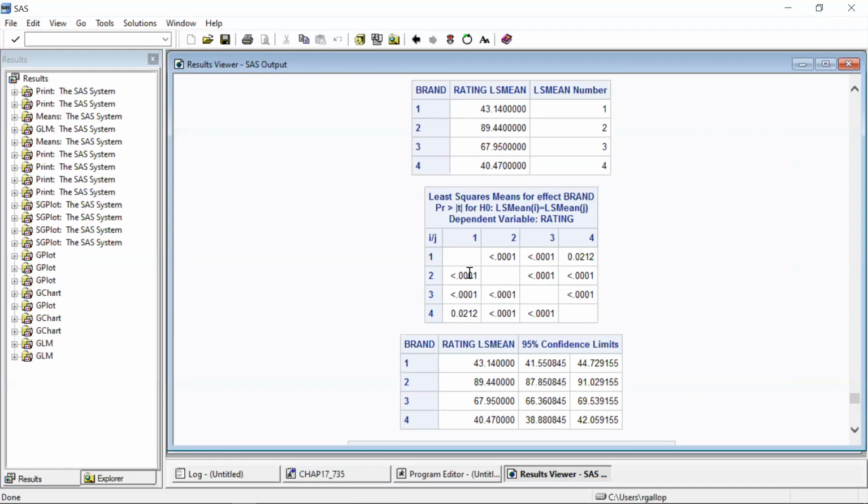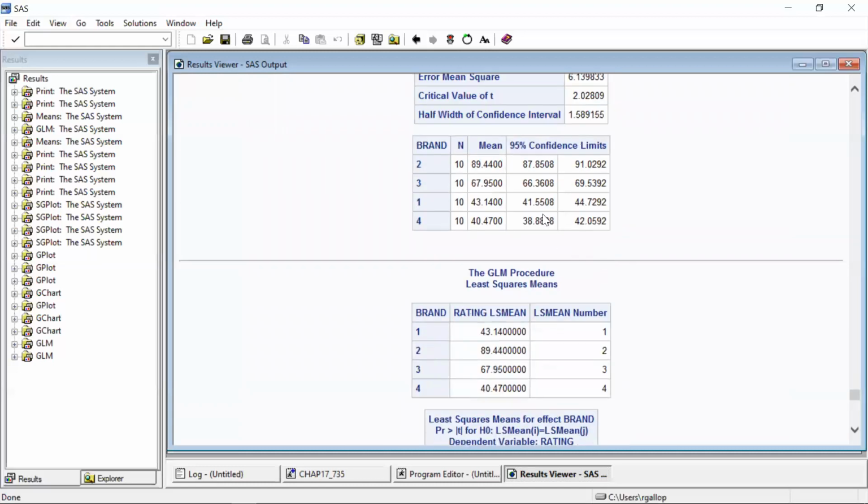But what I can see here is, remember, this is level 1 compared to level 4. So based on the available data, we have sufficient evidence that the on average rating between level 1 and level 4 are statistically significantly different. And if you go here, here are the confidence intervals between level 1 and level 4. You can see the confidence intervals overlap right there.